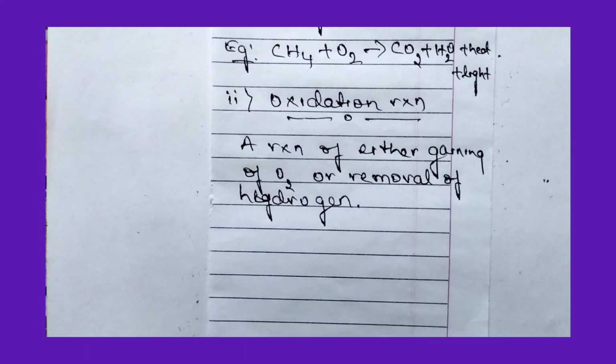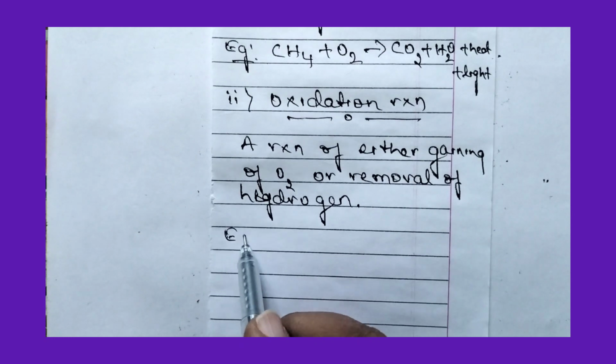So oxidation reaction is a reaction in which either gaining of oxygen or removing of hydrogen is called oxidation reaction. Now let us take an example for oxidation reaction.